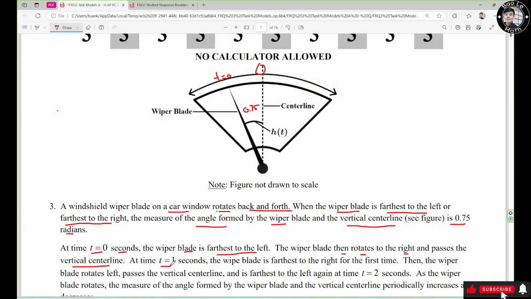At time t equals 1 second, the wiper plate is farthest to the right for the first time. So when it goes over here, this is t equals 1. Then the wiper plate rotates left, passes the vertical center line, and is farthest to the left again at t equals 2 seconds. So when it goes back to the left, t equals 2.